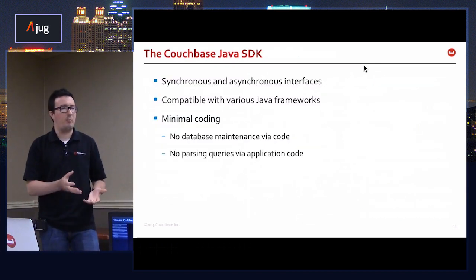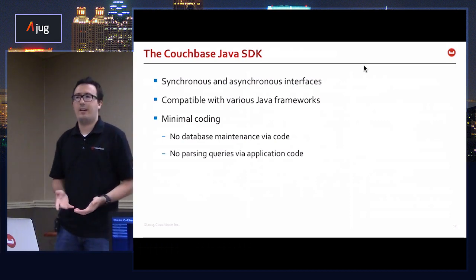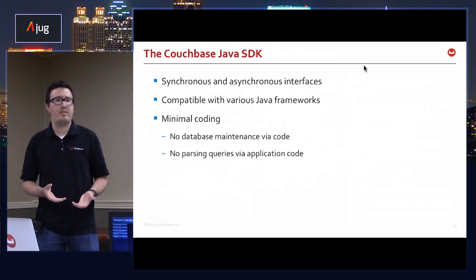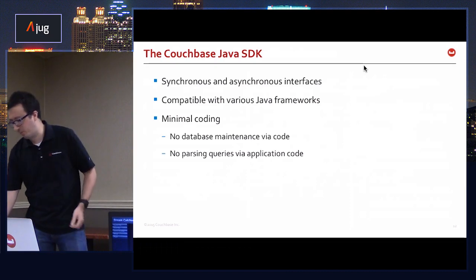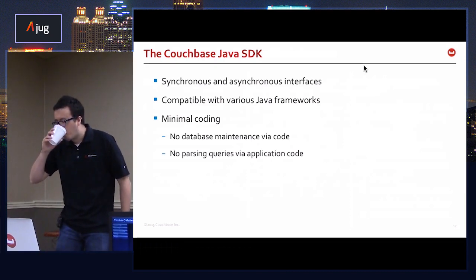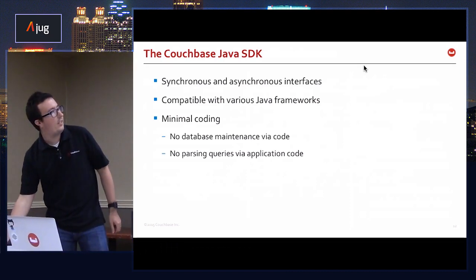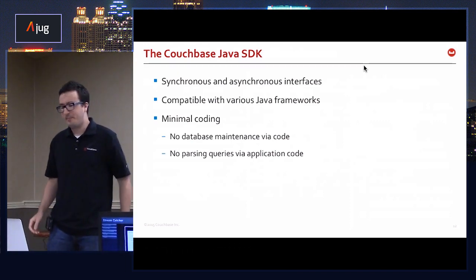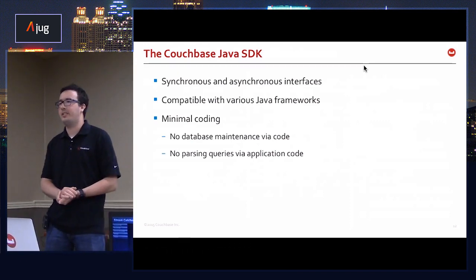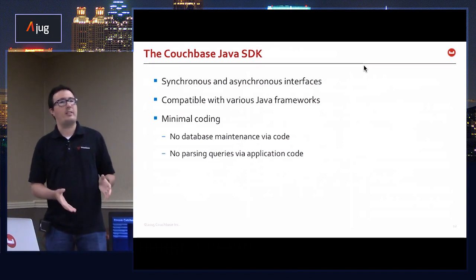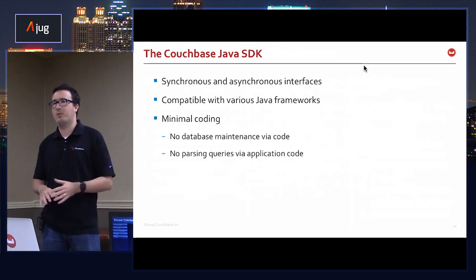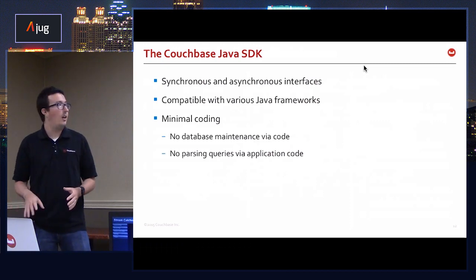So now more on the developer-y stuff. We have a background on what Couchbase is, a little overview. Now let's jump into some coding. In terms of the Java SDK, you have the ability to do synchronous and asynchronous things. I'm going to focus primarily on the synchronous side of things first, and then we're going to merge into the asynchronous stuff.